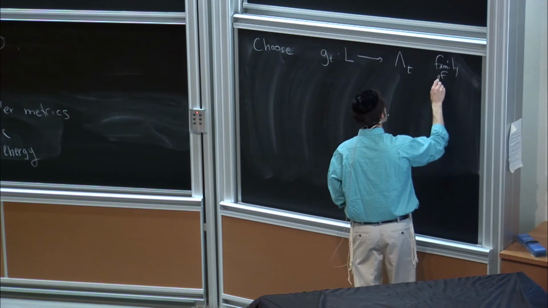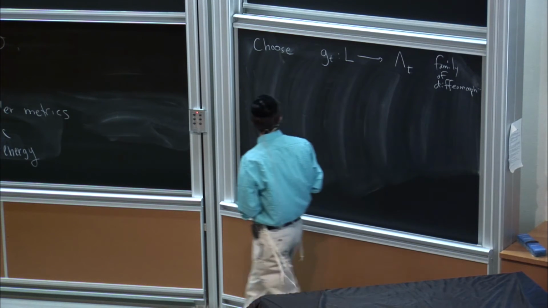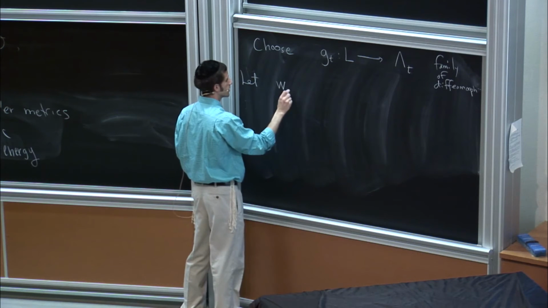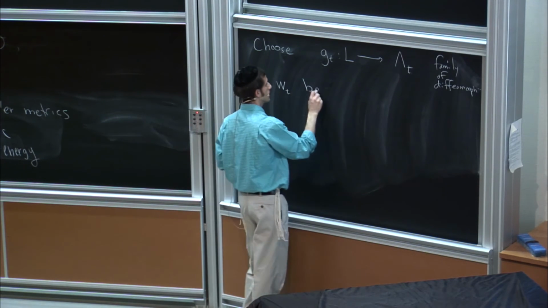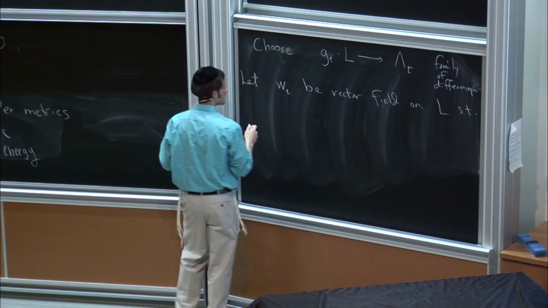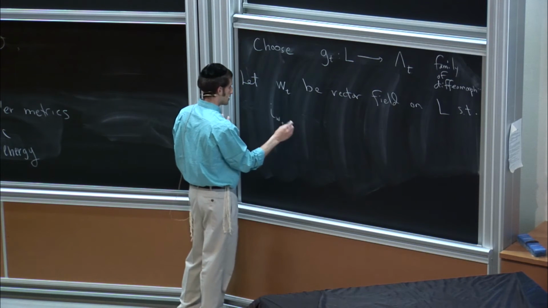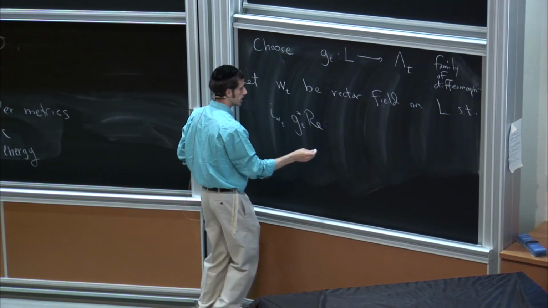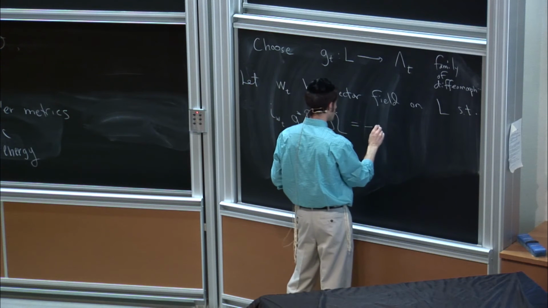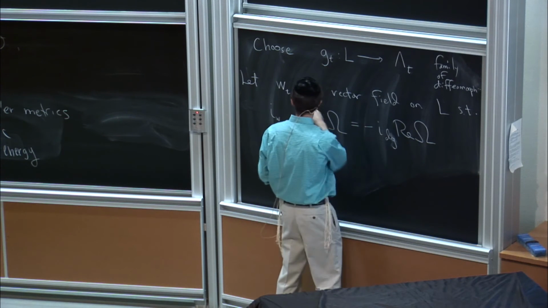So with image lambda_t. And then let W_t be a vector field on L such that if I contract the pullback of real omega with W_t, that should be negative the contraction of real omega with the time derivative of g_t.